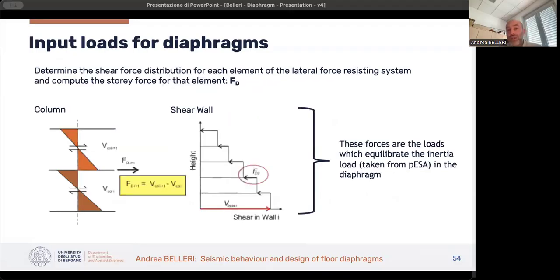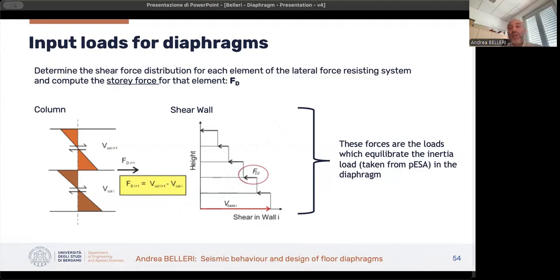These inertial loads need to be in equilibrium with the loads that are transferred to the vertical elements of the lateral force resisting system. So basically, from the previous load distribution, you find the shear action inside all the elements of the lateral force resisting system and of all the vertical elements.